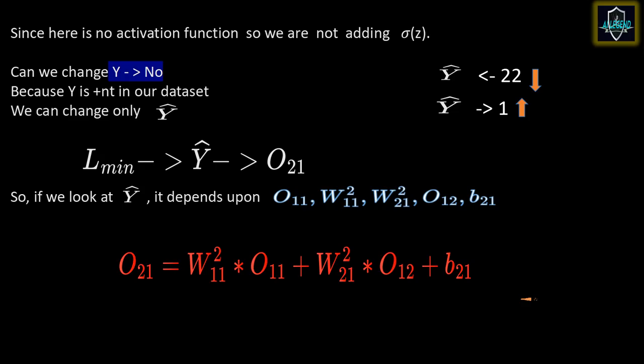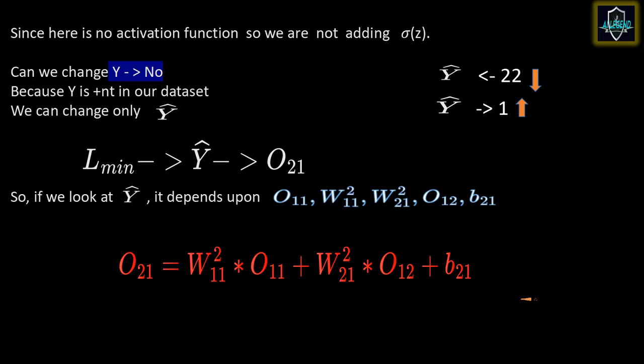Now the question arises: does y hat's increment or decrement depend on which factor? If you see the neural network, you can understand easily that y hat is basically the output from O21. How does O21 calculate this? The neuron has 5 things. Each weight multiplies with the output, so O21 is equal to W211 O11 plus W221 O12 plus the bias, that is B21.